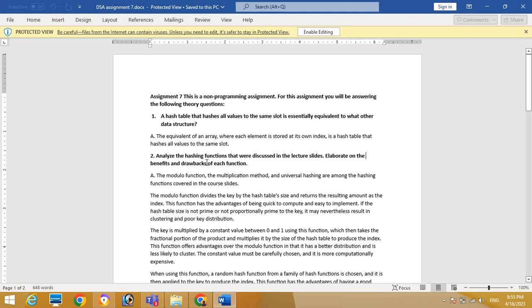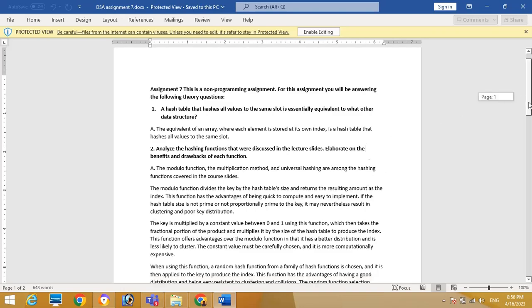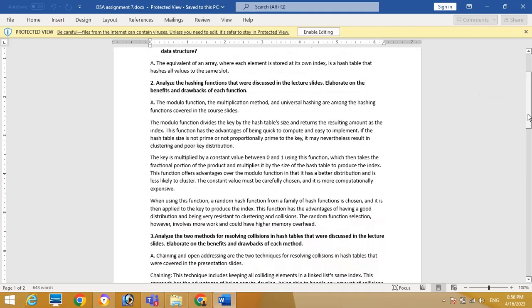And here, analyze the hashing functions that were discussed in the lecture slides, elaborate on the benefits and drawbacks of each function. The modulo function, the multiplication method and universal hashing are among the hashing functions covered in the course slides. The modulo function divides the key by the hash table size and returns the resulting remainder as the index.